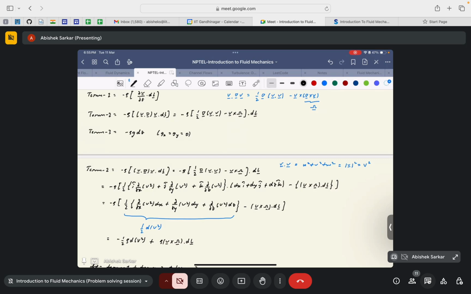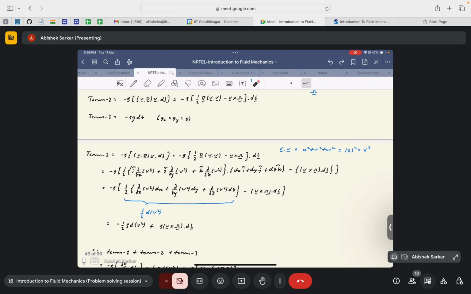So if this nabla term operates on v square, it will be something like this. This v dot v will just boil down to a scalar, because this term does not have any i cap, j cap, k cap term. So this is a scalar, and this term is basically the gradient of the square of the modulus of the velocity vector.